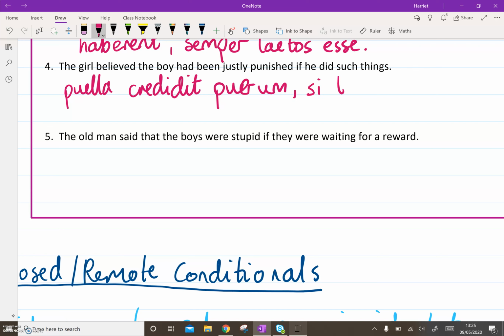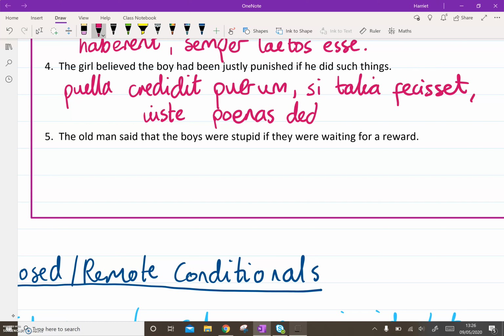So si talia, such things, fecisset, if he did such things, completed, had been justly punished. So juste poenas dedisse. So that's the perfect infinitive, which becomes pluperfect when you combine it with the perfect tense of credidit.